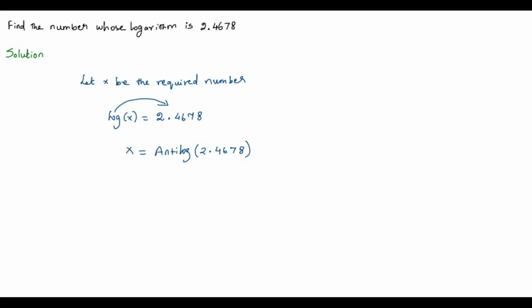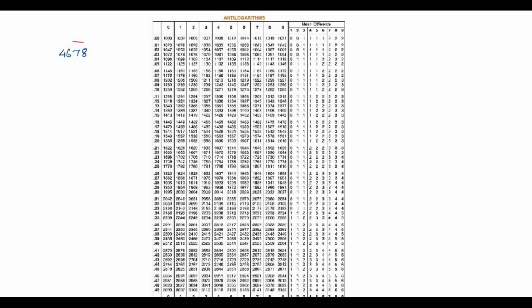Okay, let's move to the anti-logarithm table. Here we have the anti-logarithm table. We have to find the anti-logarithm for the number 4678. To do that, we have to go to the 46th row and 7th column, and the mean difference 8th column.